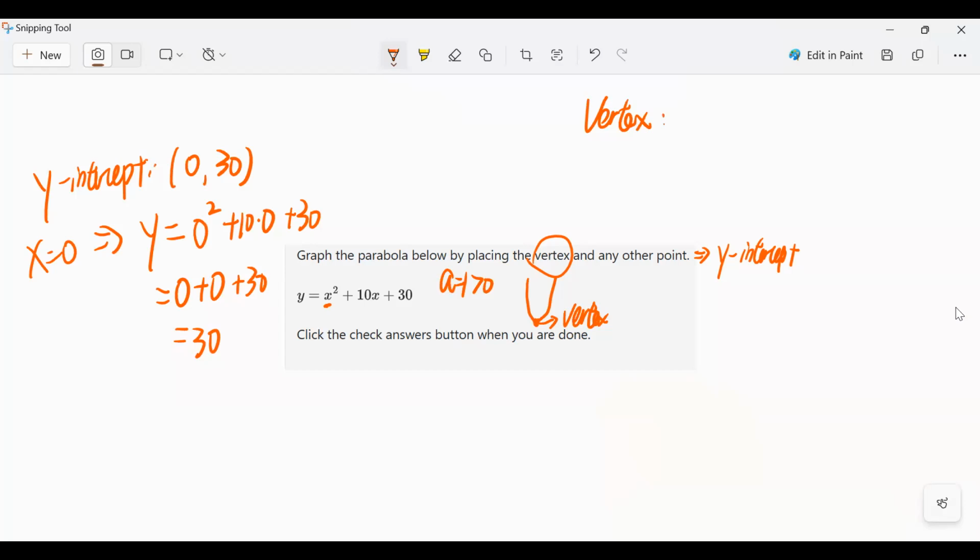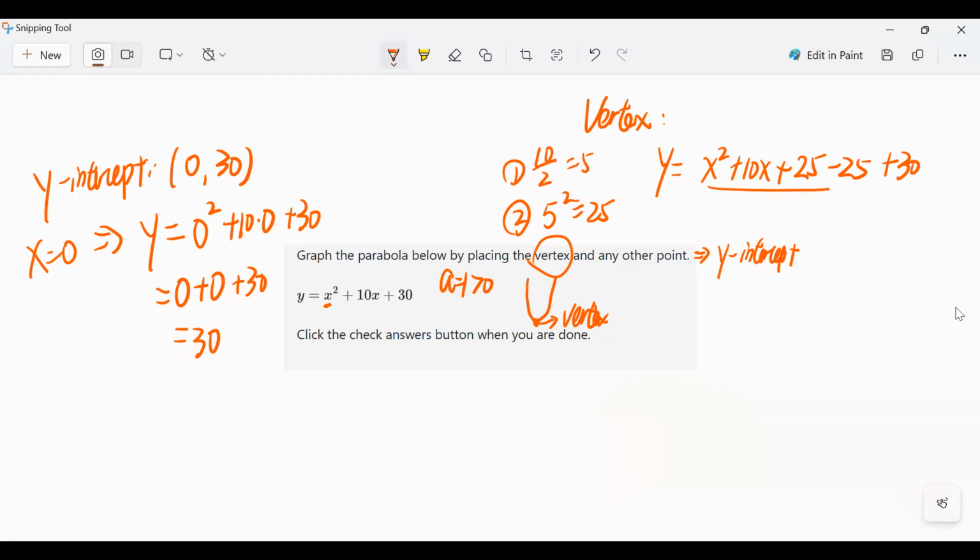In order to find the vertex, we just need to complete the square. So x squared plus 10x. The number we're looking for is going to be 10 over 2, 5, and then square that. So 25. So add 25, minus 25, then 30.